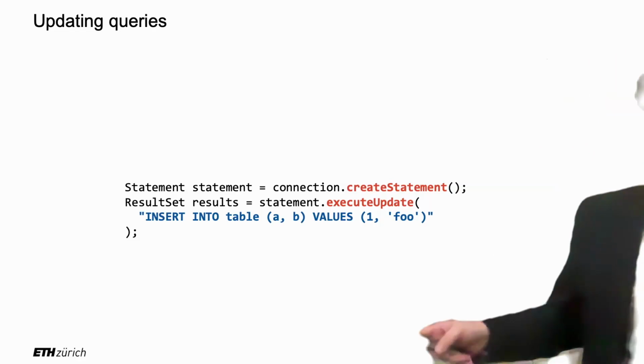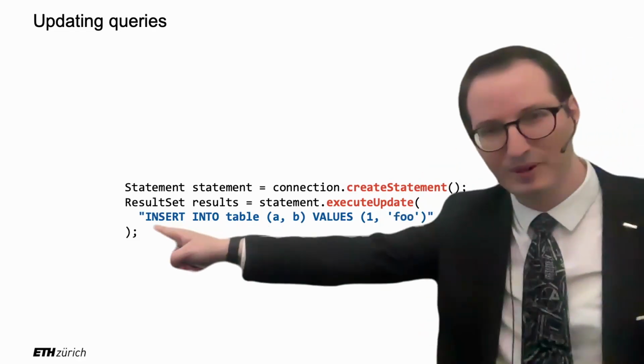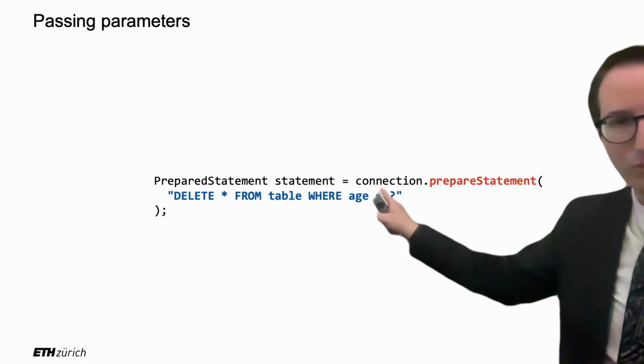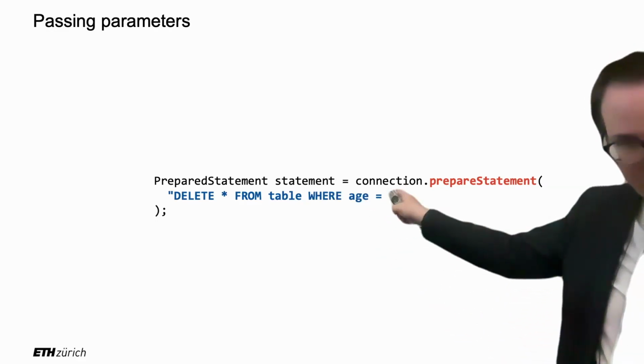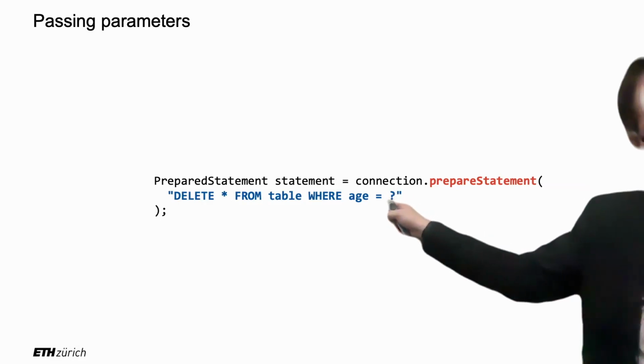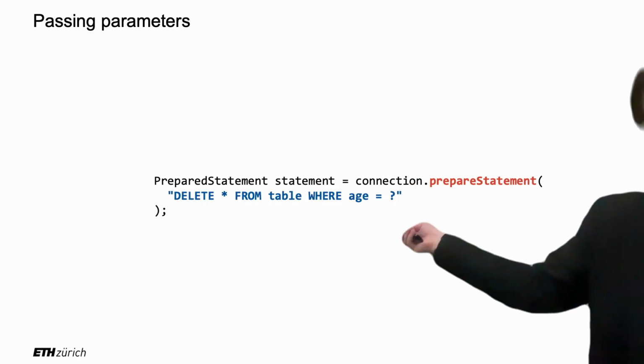All right. Now you can also execute updates. Doesn't have to be select. Can also be insert. But the nice thing is that you can use some special characters to keep some parameters open. Imagine that you have a query that you execute a lot, but with a different age every time.